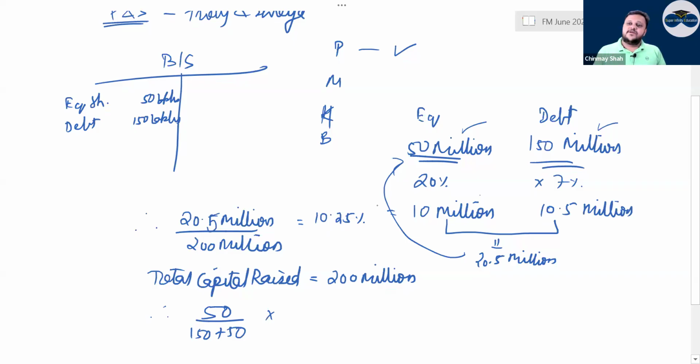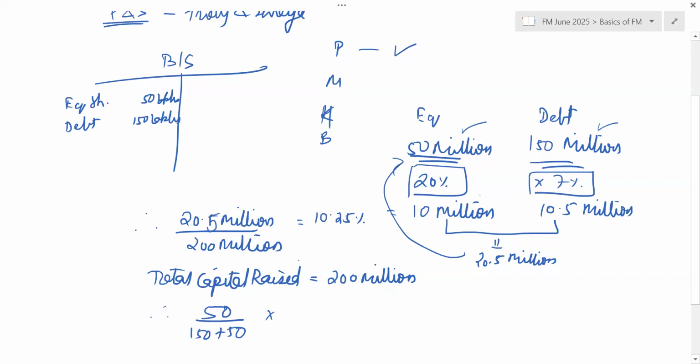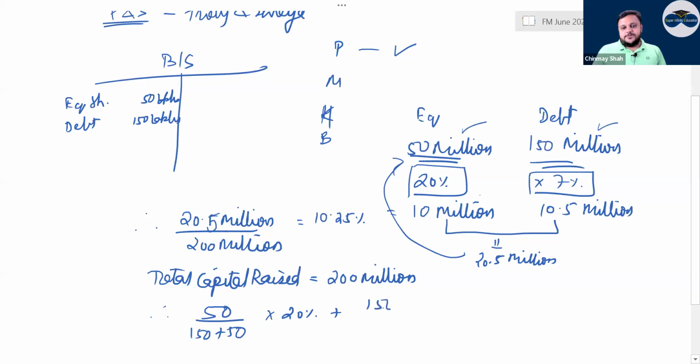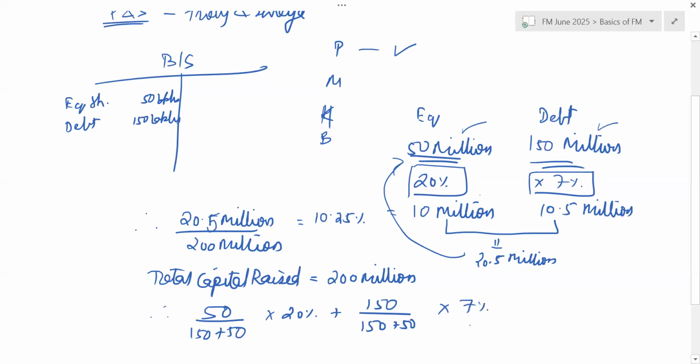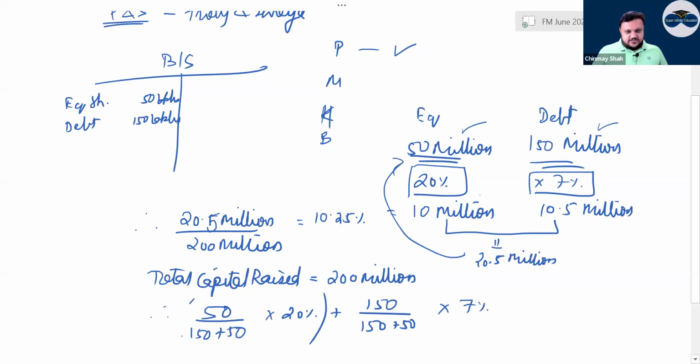Tell me, the required return is 20%. So 20%, plus 150 is debt divided by total, that is 150 plus 50, total capital, multiplied by the cost of your debt capital, 7%. Now solve these two brackets.